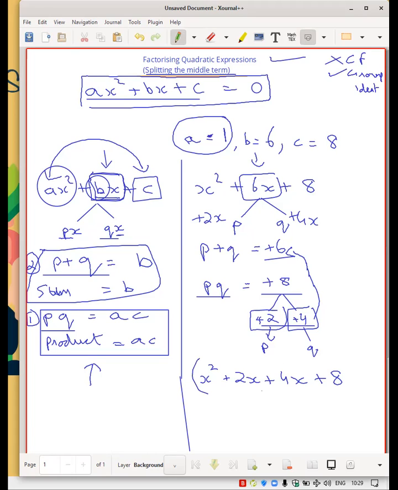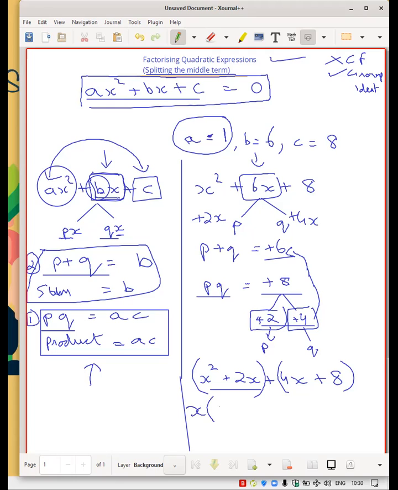So let's try to group x squared and 2x, and plus outside 4x and plus 8. Okay, so what's common over here, Krishna? The first term. What's common? Between x squared and plus 2x, sir, x. Okay, so we take out x. What will be inside?